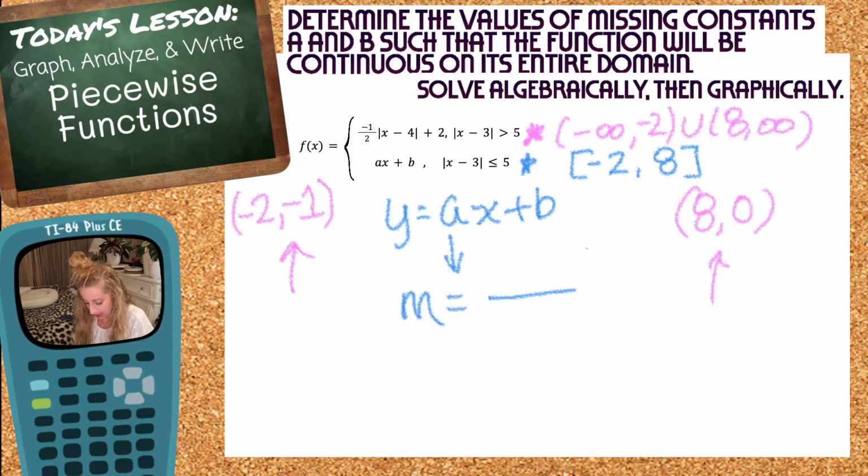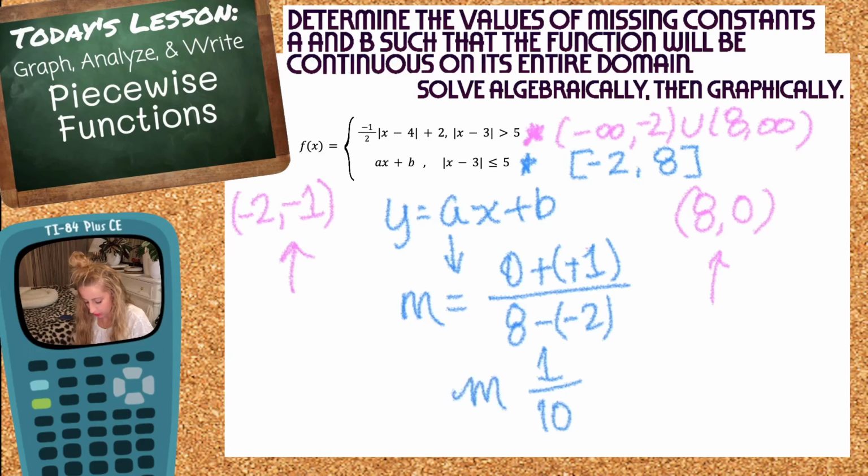M, or A, is the slope, change in y over change in x. So I could say 0 minus -1 over 8 minus -2. That becomes 0 plus 1, which is 1, over 8 plus 2, which is 10. So the slope is 1 over 10, or A is 1 over 10.